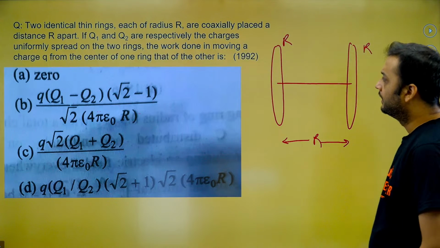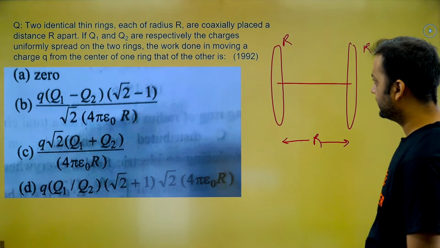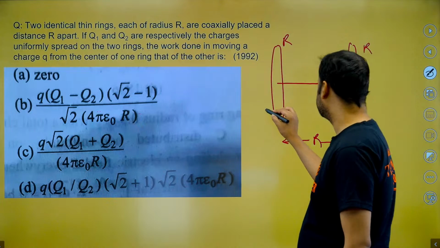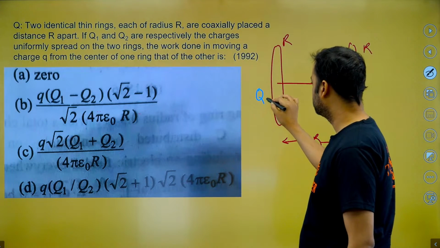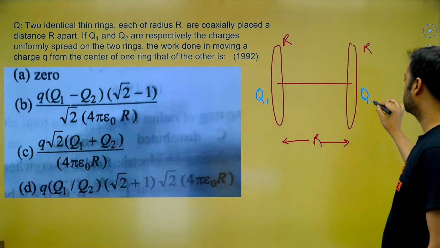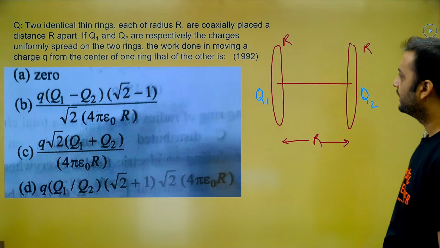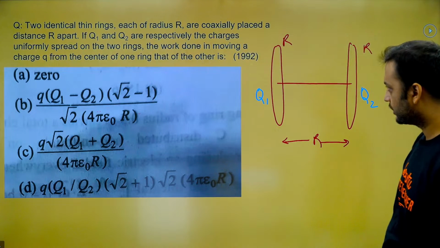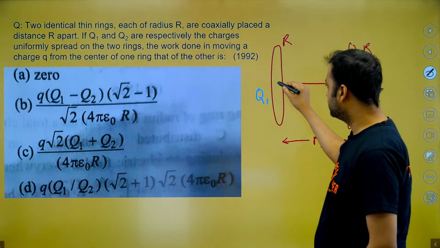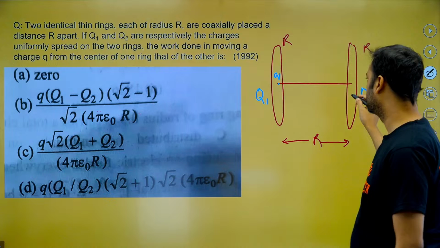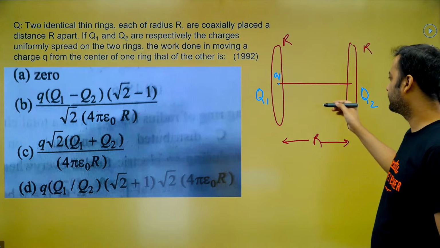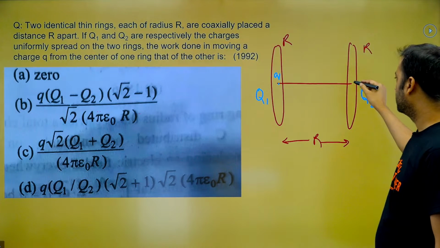If Q1 and Q2 are respectively the charges uniformly spread on the two rings, so basically this charge is Q1 and this charge is Q2. The work done in moving the charge Q from the center of one ring to another, that means initially the charge Q was here and now you are placing the charge Q here. So think carefully, guys.